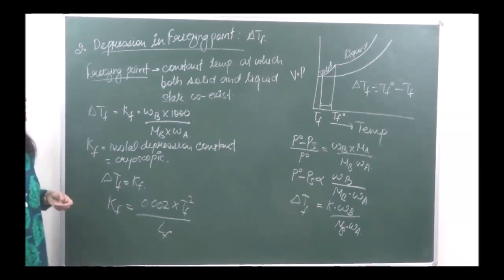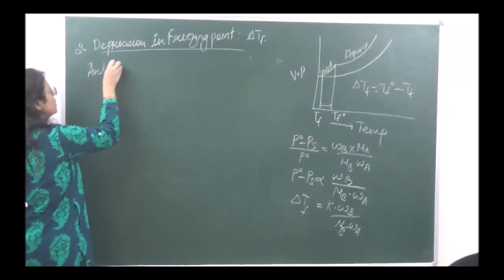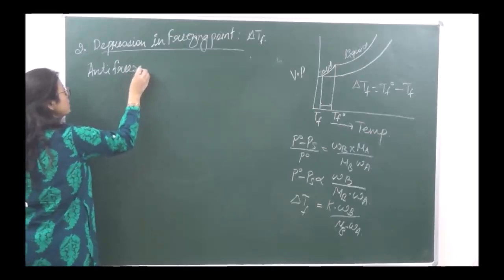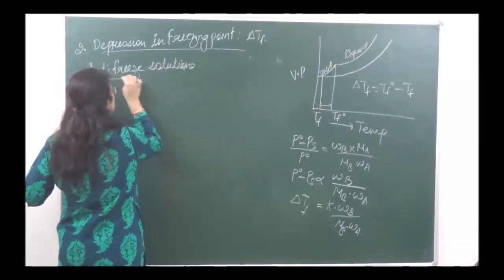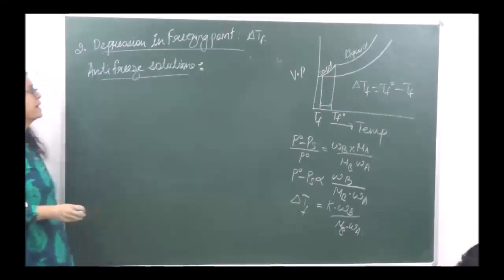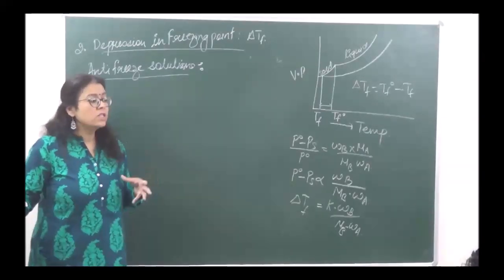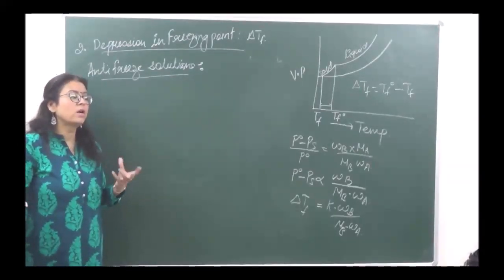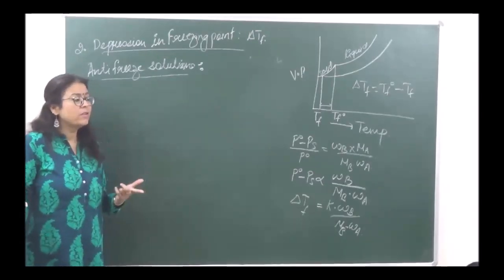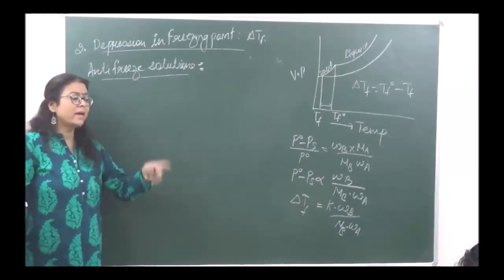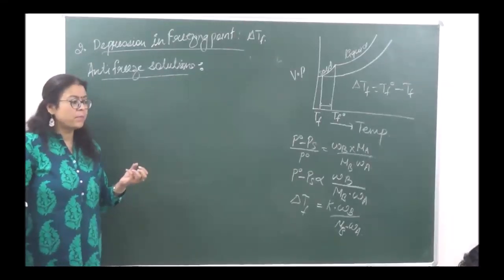Now what do we understand by anti-freeze solutions? We know that in vehicles there are coolants put for the radiator, or we can say water has to be put into the radiator, so that when the engine warms up, that entire water is circulating in the engine so as to control its temperature.